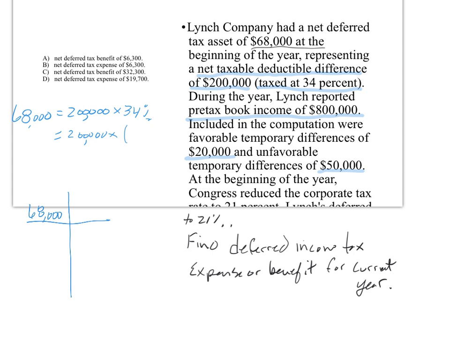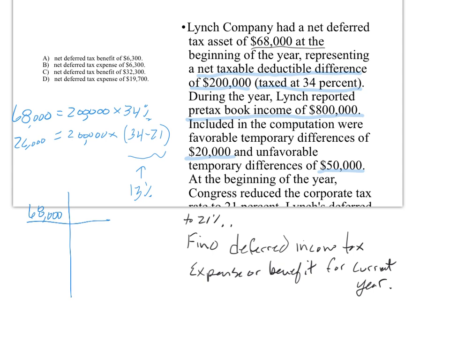Well, the new tax rate is 21%, but the old rate was 34%, so they reduced it by 13%. So if we multiply this 200,000 by 13%, we get 26,000.